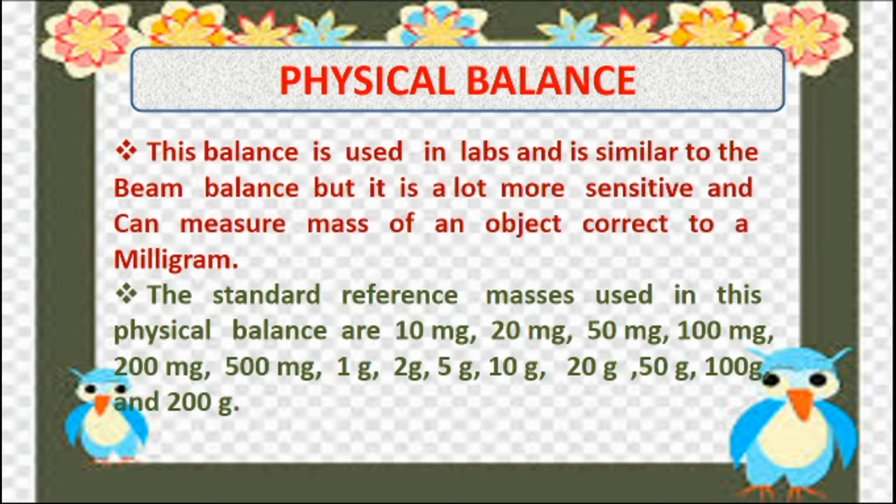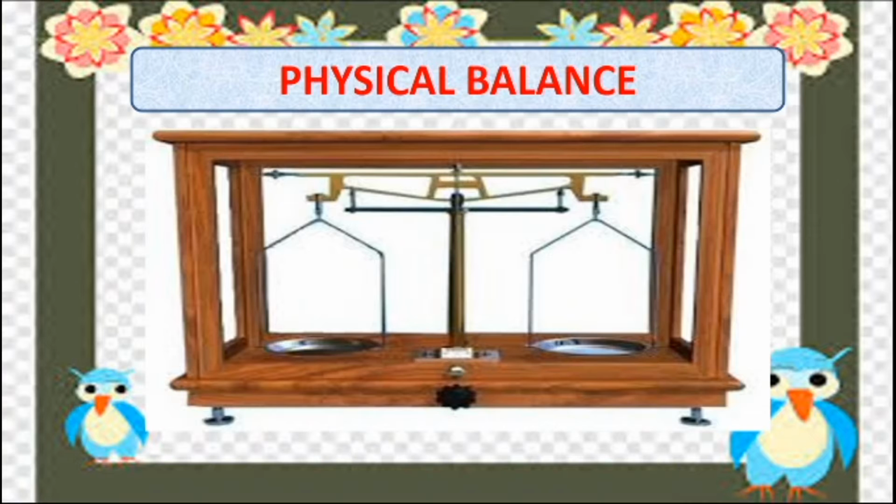The standard reference masses used in this physical balance are 10 milligram, 20 milligram, 50 milligram, 100 milligram, 200 milligram, 500 milligram, 1 gram, 2 gram, 5 gram, 10 gram, 20 gram, 50 gram, 100 gram and 200 gram. Commonly the physical balance is used in all the science labs. This is the physical balance.